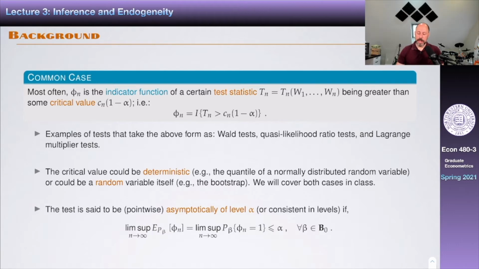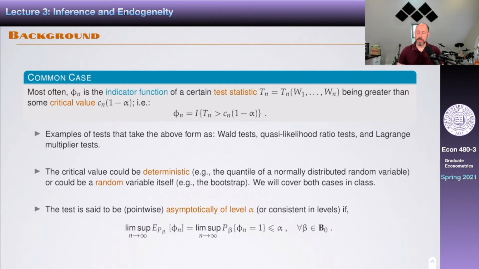The critical value here, Cn, could be deterministic, which is the one that you, again, probably are most familiar with, which is, for example, the quantile of a normally distributed random variable. The 1 minus alpha over 2 quantile of a standard normal, or something like that. But it could also be random, and so it's something that you get, for example, by some form of simulation, including the bootstrap that we're going to talk about towards the end of the class.